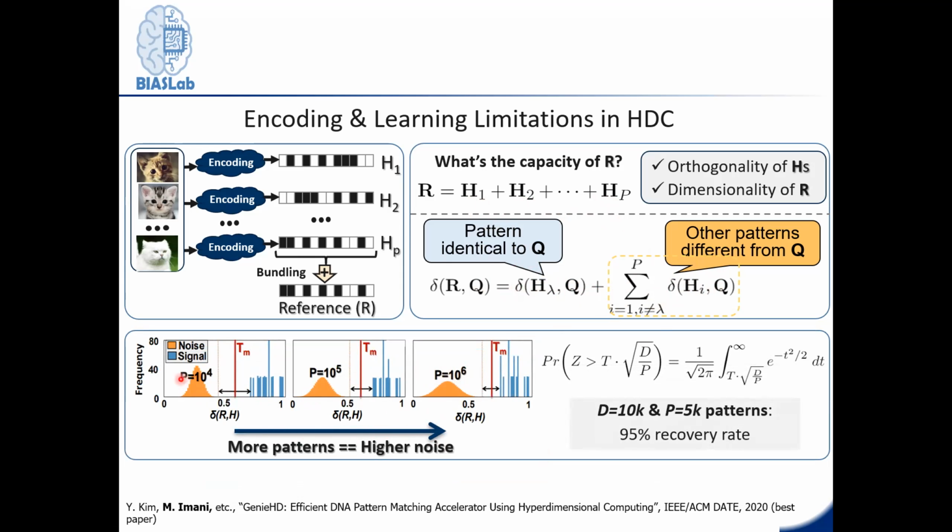P is increasing, you can see here. It means that we have more terms stored in the R memory. We actually have a complete mathematical, statistical model for HD computing to see what the capacity of hypervectors is. You can refer to our paper here at the bottom. And we can see that the capacity is pretty low because these vectors are nearly orthogonal.